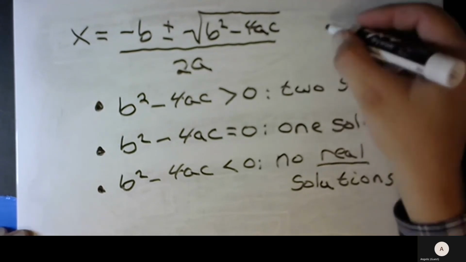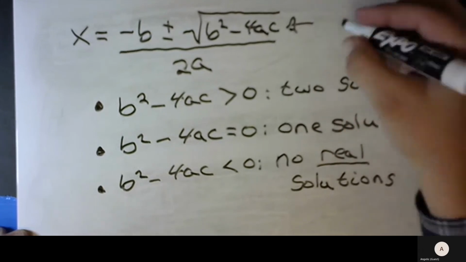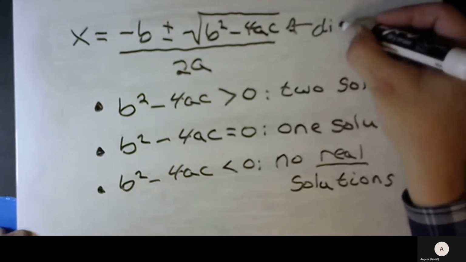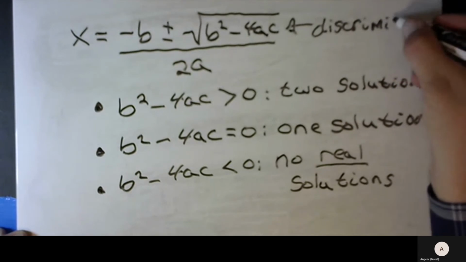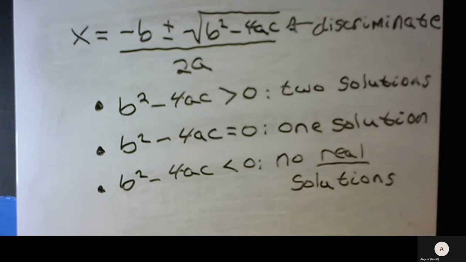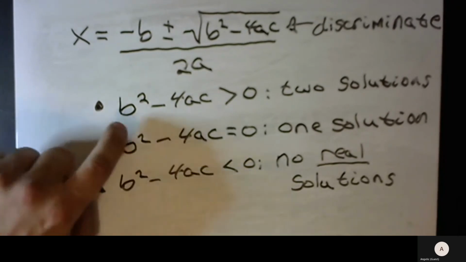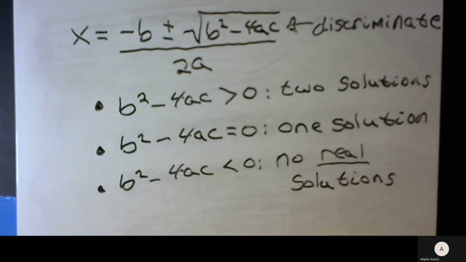And if you're wondering, this thing in here has a special name. It's called the discriminant. So when the discriminant is bigger than 0, like we've been getting, we're going to get 2 solutions, 2 answers.